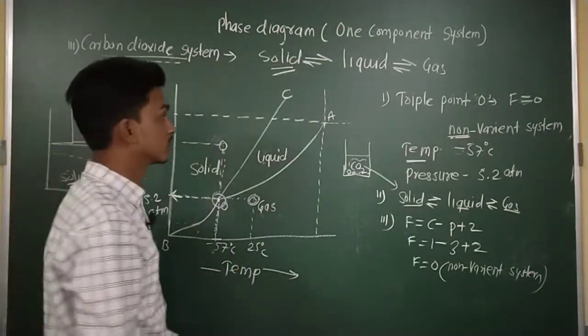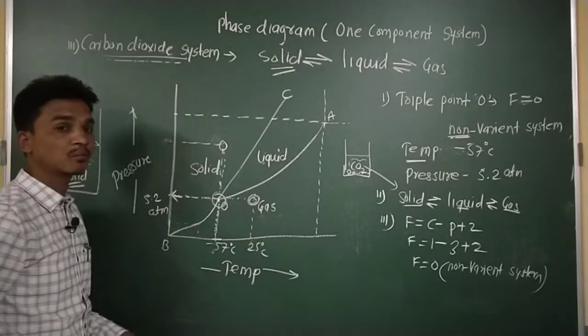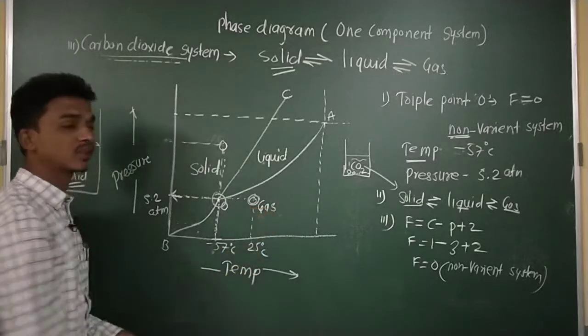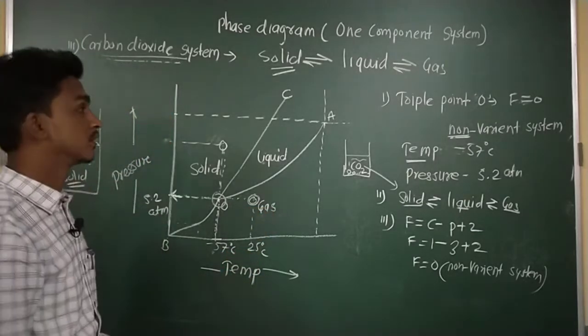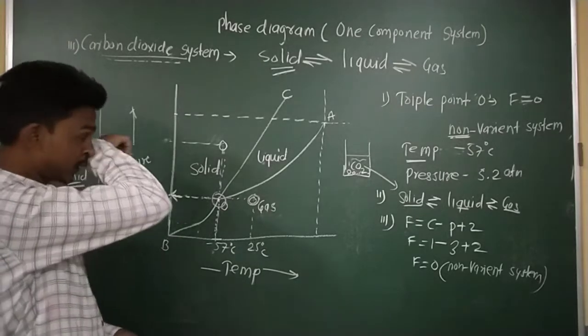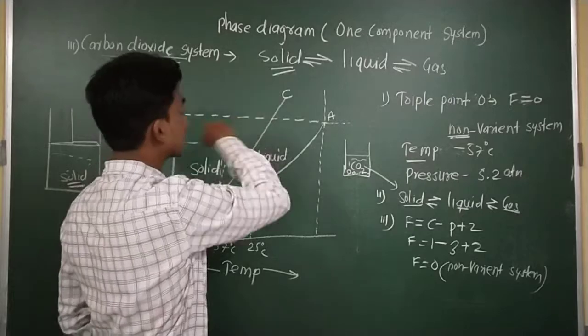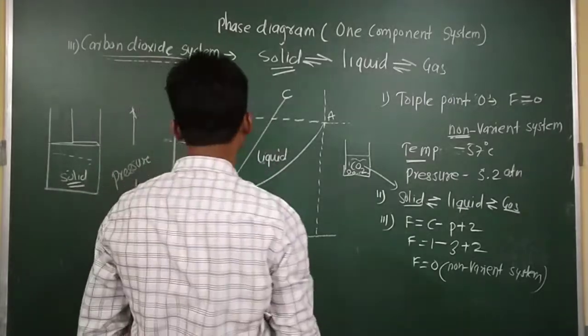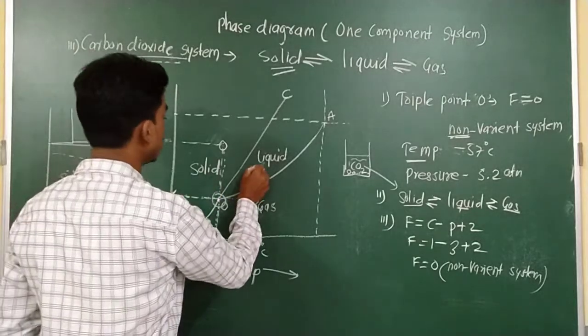Pressure is constant if I want gaseous carbon dioxide molecules, and they exist when the temperature is increased while pressure is kept constant. When I want carbon dioxide molecules in the liquid form only, I will change the temperature and pressure also.